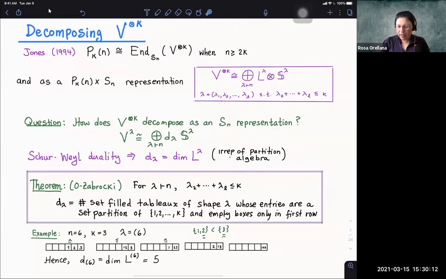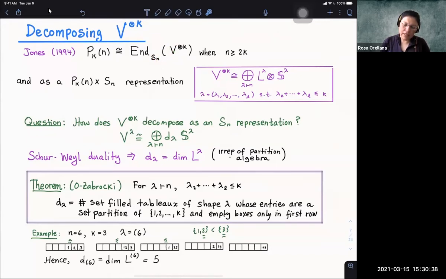Jones in 1994 said that the partition algebra, when n is greater than or equal to 2k, is isomorphic to the centralizer, the commutant, of the S_n action, the diagonal action on this space.